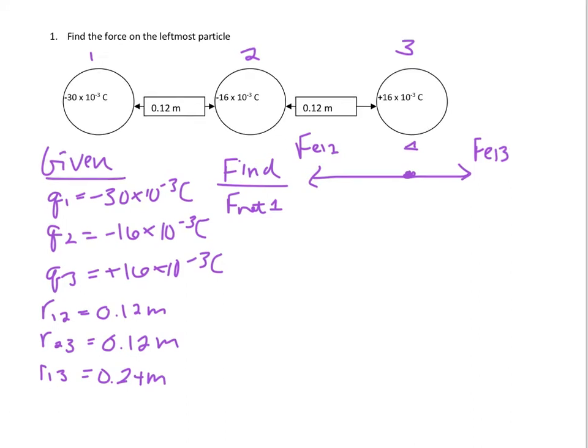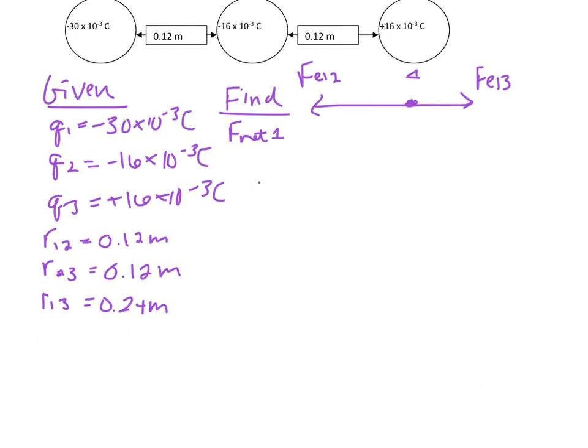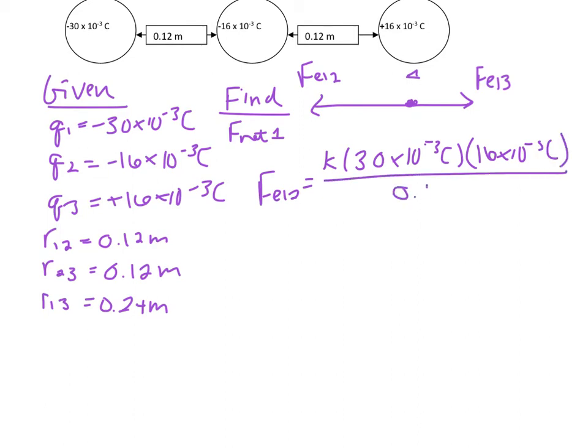So Fe12 is just going to equal K, my Q1, looking at only magnitude. So 30 times 10 to the negative 3 coulombs times 16 times 10 to the negative 3 coulombs over 0.12 meters squared.